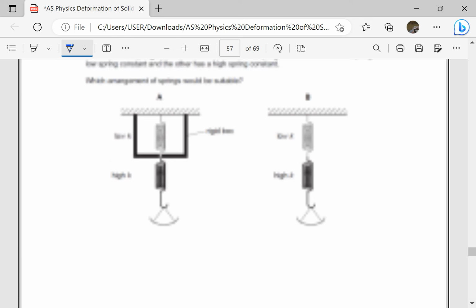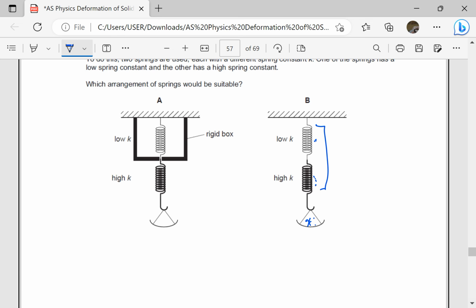That means we remain with only one option, and that is going to be A. Why should it be A? When I add a small mass, the spring of lower k will easily stretch. But when I add a large mass, it will stretch, but the rigid box will prevent it from overstretching. And remember, this one is a stiffer spring.